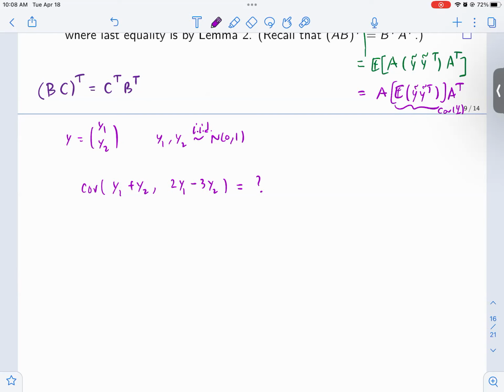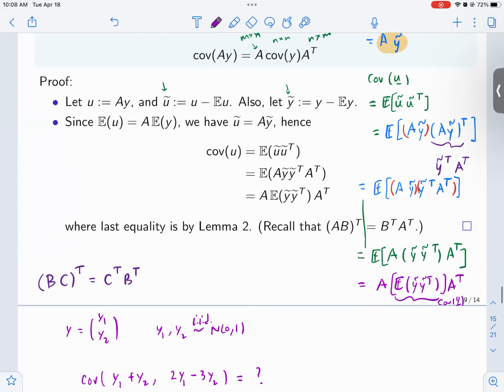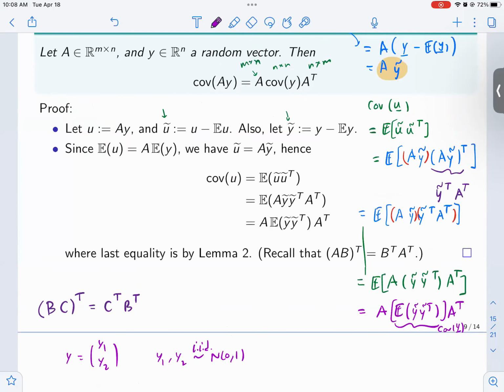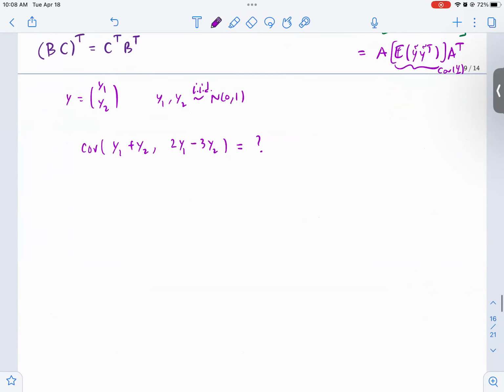Yes. Do you know from previous courses how to calculate something like that? Find the distribution of each of the two separately.